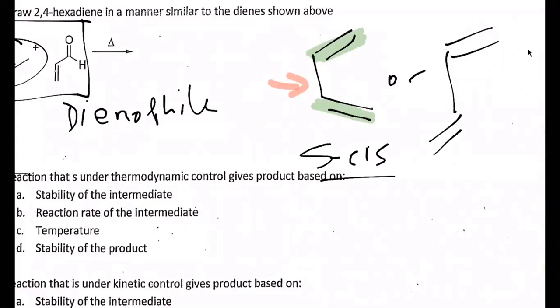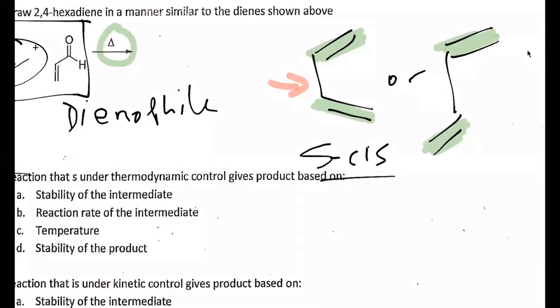That's holding them together. And you can rotate around that bond. You do have free rotation around that bond. And in reality, it will rather be S-trans. That's why you have to run the reaction at an increased temperature.